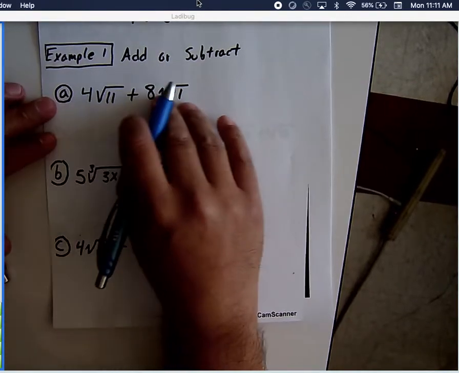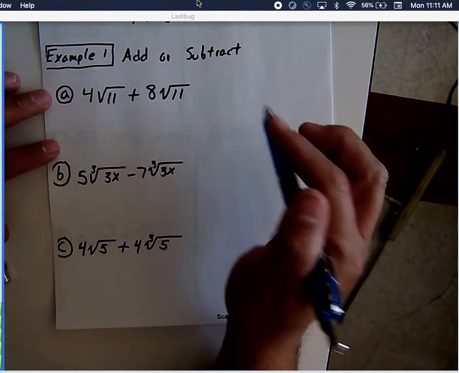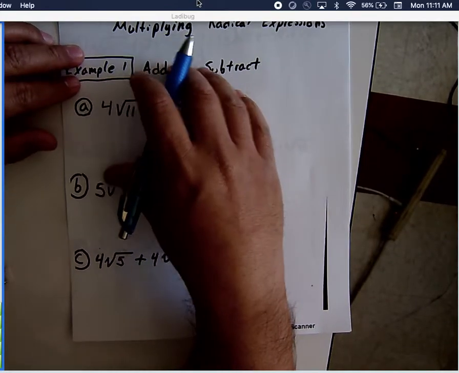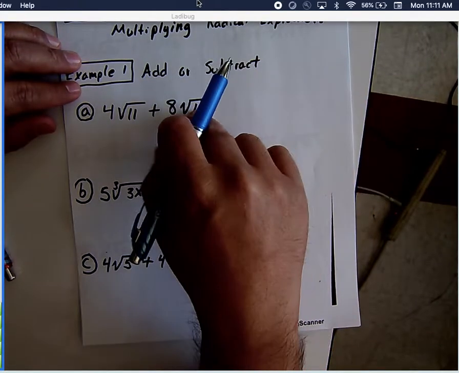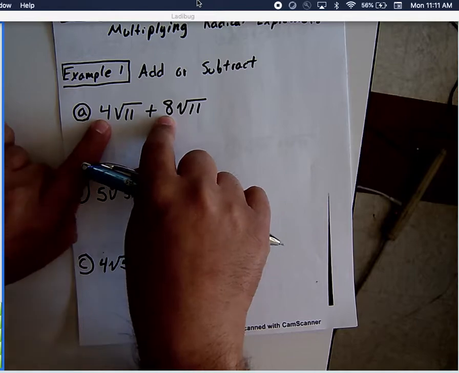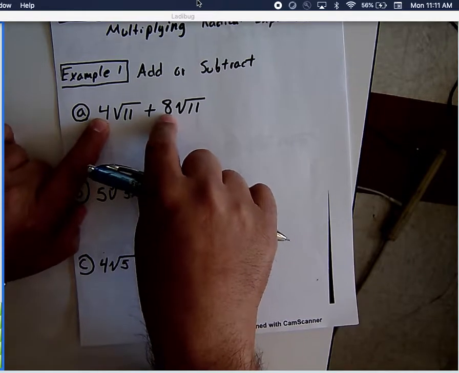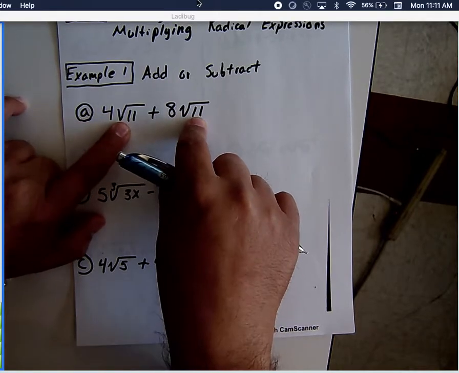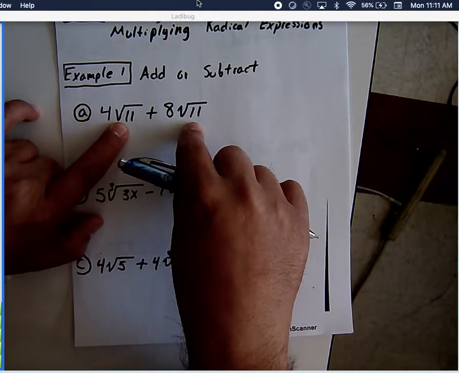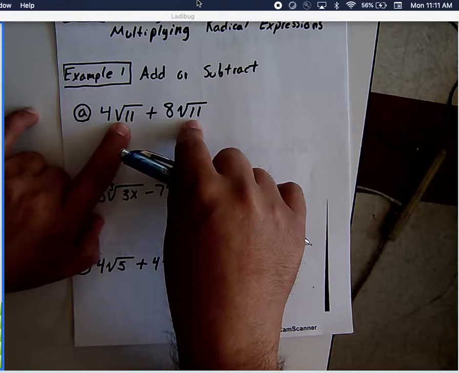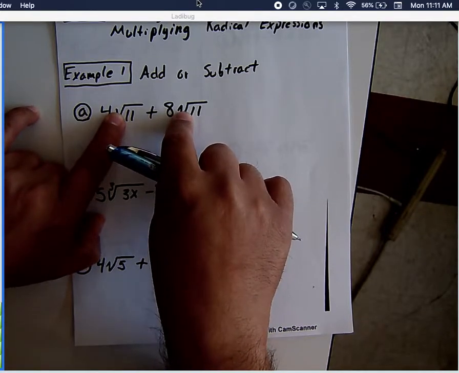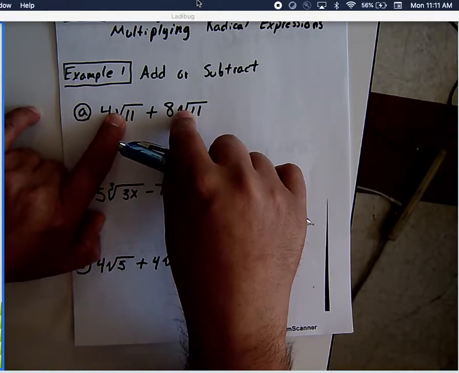So here we're just adding or subtracting. For this one, when you're adding and subtracting radicals, in order to add the coefficients or subtract them, the radical needs to be exactly the same, meaning it needs to have the same radicand, which is the 11, and the same index, which is a 2 for this.